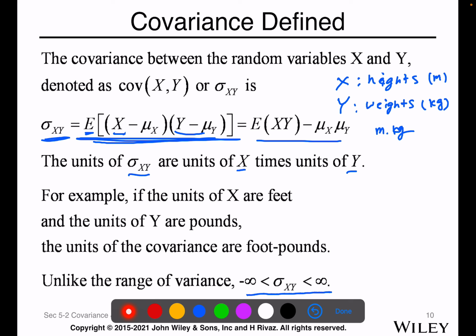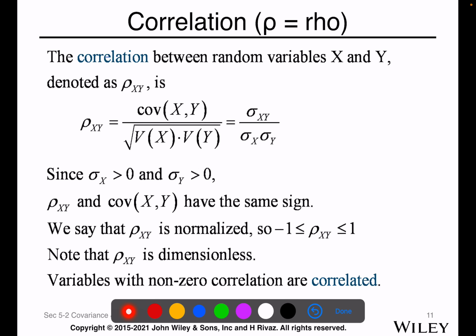Okay, all right. So based on covariance, we define correlation. Correlation is defined as the covariance of x and y divided by the square root of the variance of x times the variance of y. Remember that the variances are positive, and because of that, we can calculate the square root. Or if we write that in terms of standard deviation, this is the standard deviation with respect to x, and this is the standard deviation with respect to y.